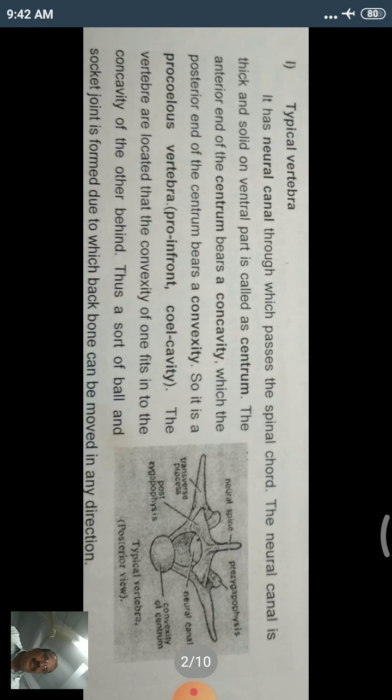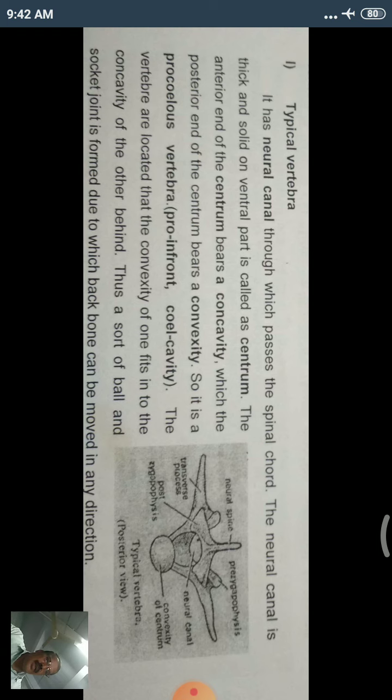The diagram shows certain parts like the convexity in the posterior region, and then neural spine, pre-zygapophysis, post-zygapophysis, transverse process, neural canal.